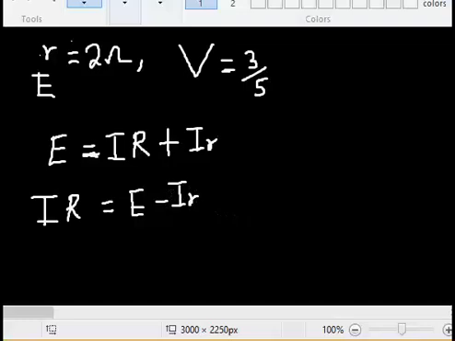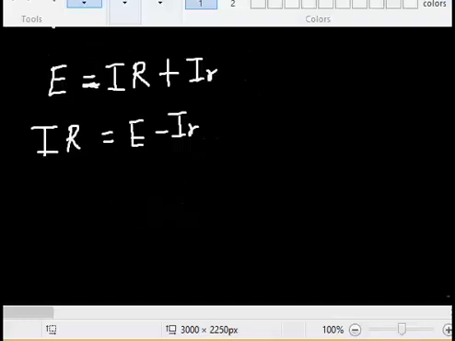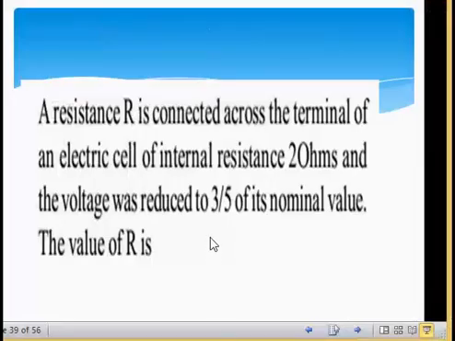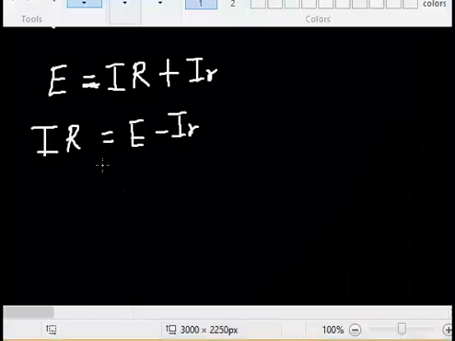Now let's see what happened. According to the question, this particular voltage was reduced to 3 all over 5, as the terminal voltage. That means the terminal voltage was 3 all over 5 of E, the voltage it was supposed to have.